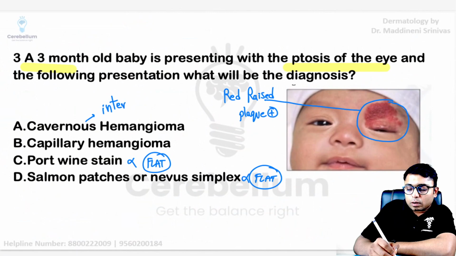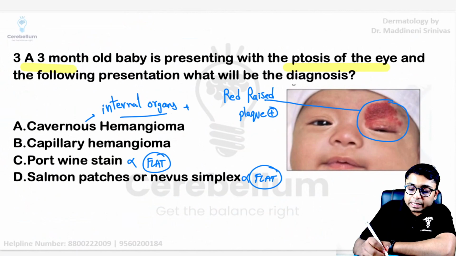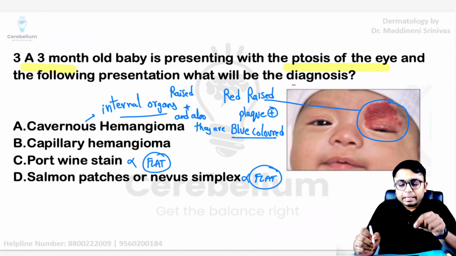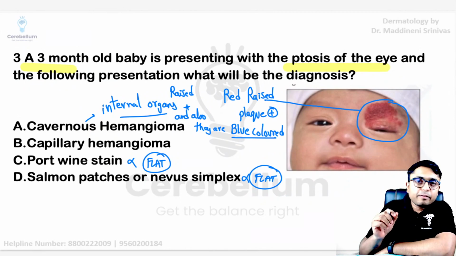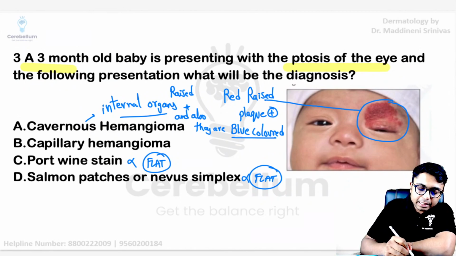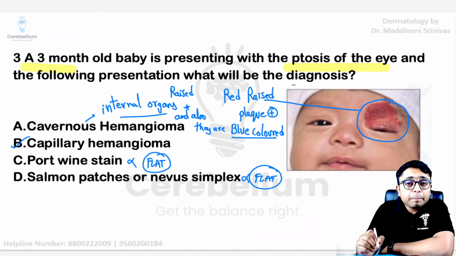Of course, it can also affect the skin, but in skin involvement, the lesions are very much raised, and also they are blue colored. These are the points in favor of cavernous hemangioma, which are not given in this question. So the answer here is capillary hemangioma.